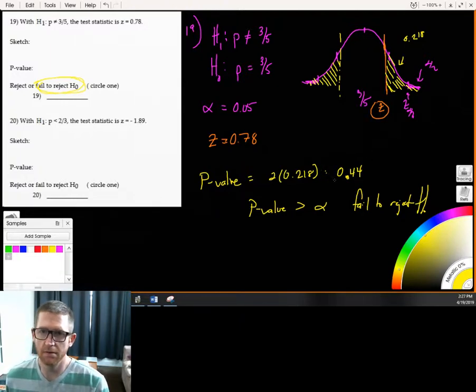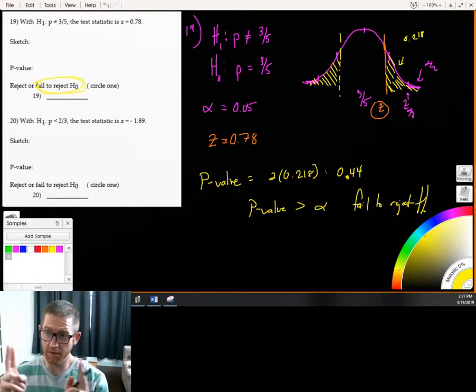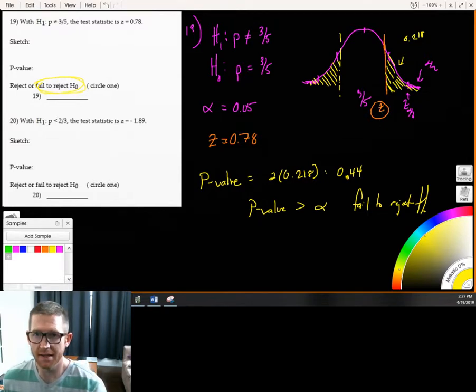And that would be how you're approaching a problem like 19, because this is all just based on numbers and understanding the normal curve and understanding that the p-value is the area beyond your test statistic in whatever direction the test is. In this case, it's a two-directional test, so you have to multiply this area times 2.